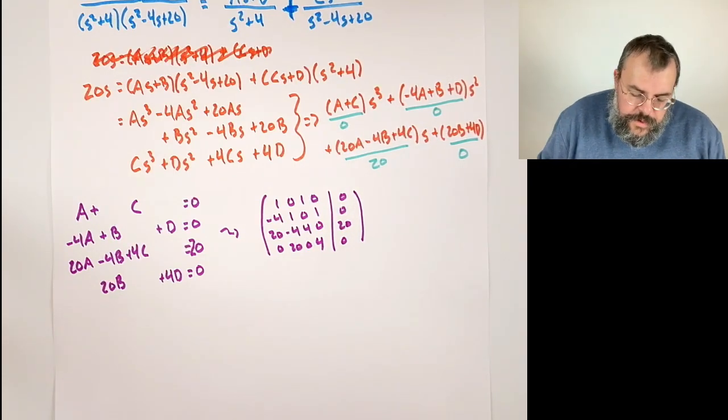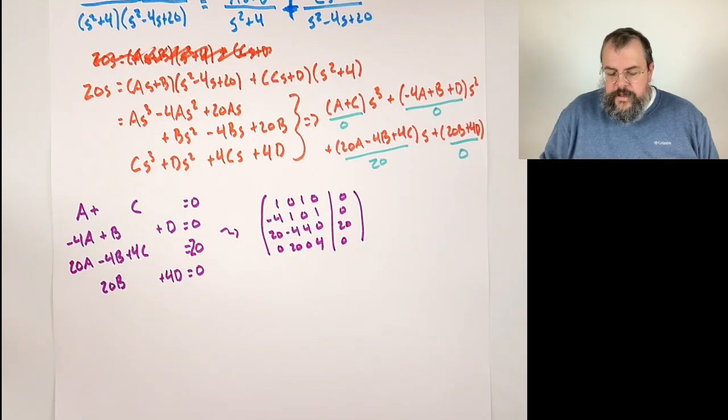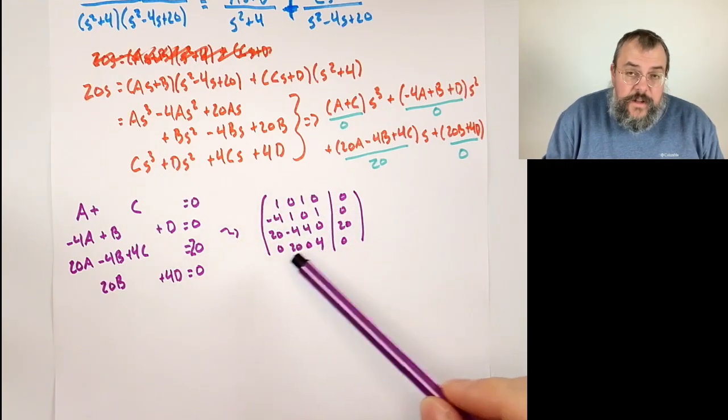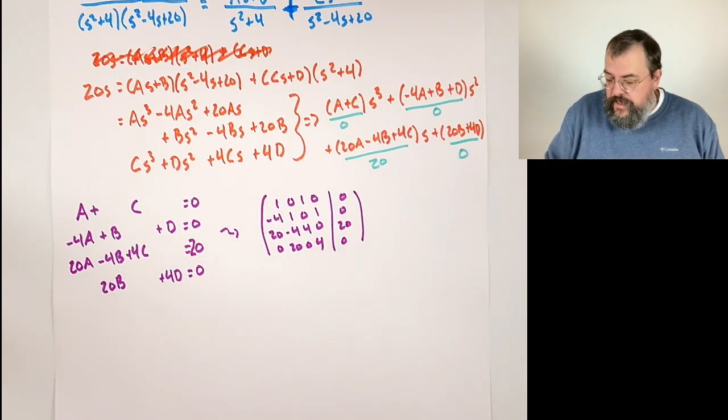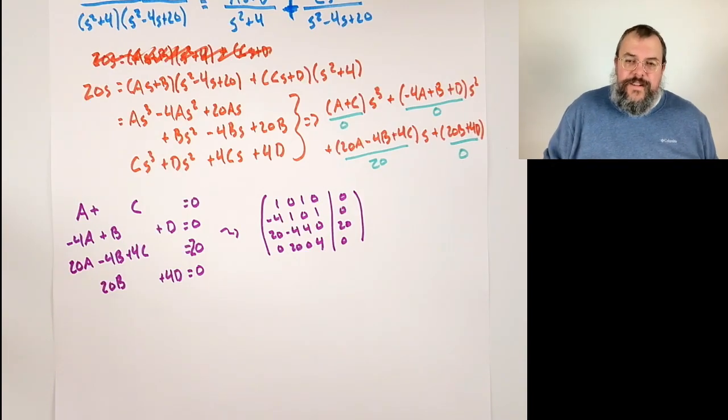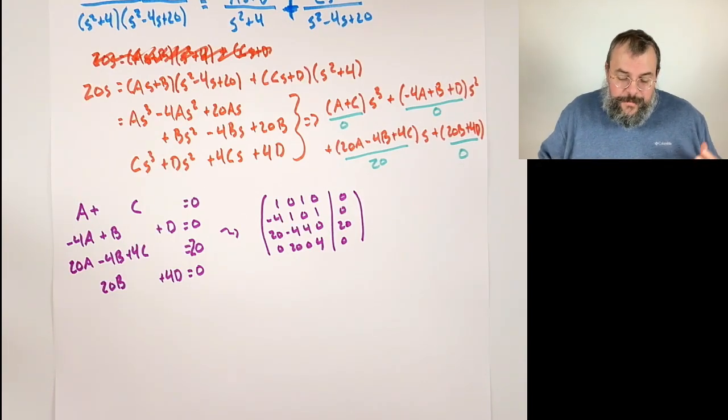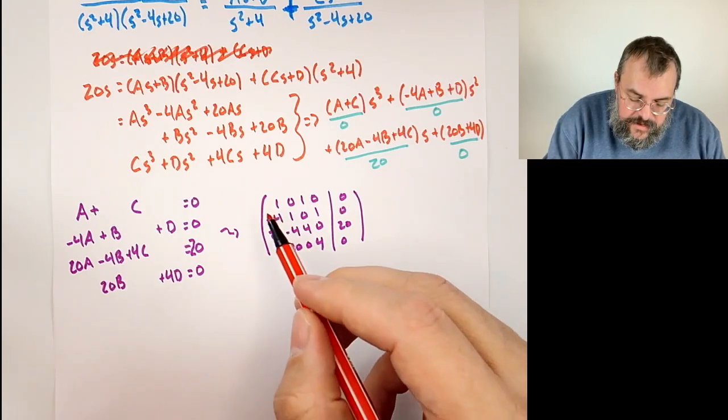And what we would want to hope for is, well, if we can reduce it all the way down to the identity, that's good. It's actually just enough to say, can we get something simple enough that we can work with?